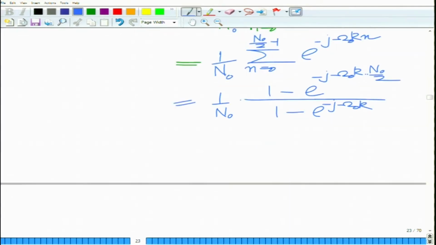Now here in the numerator you can see omega naught equals 2 pi by N naught. So, omega naught N naught over 2 is basically simply pi.